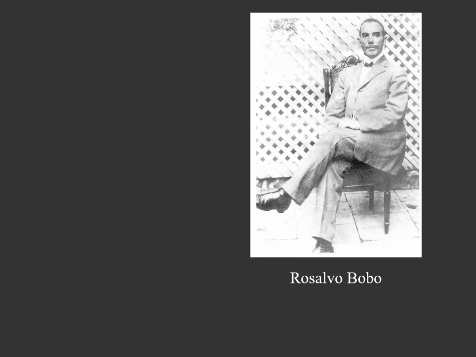So he was known as one of the revolutionary leaders, and he was extremely popular amongst the Haitian poor because he was also a doctor and was known to give free medical services to poor Haitians, especially in areas around the capital city. So the general Haitian population loved Bobo and were very supportive of him. So the United States contacted him, asked him if he wanted to be the next Haitian president.